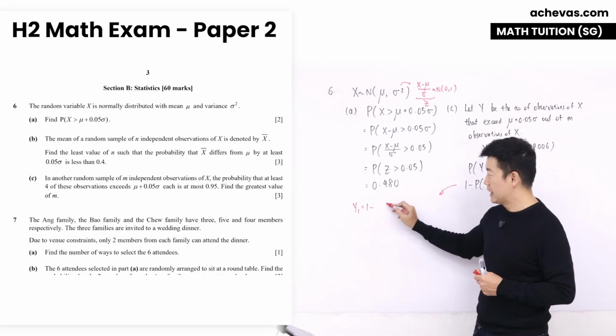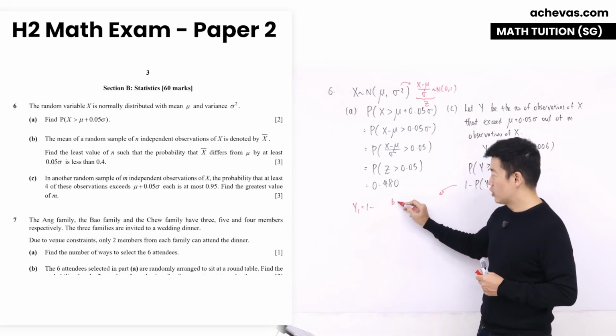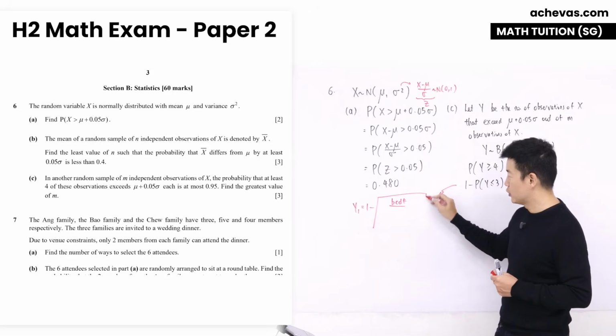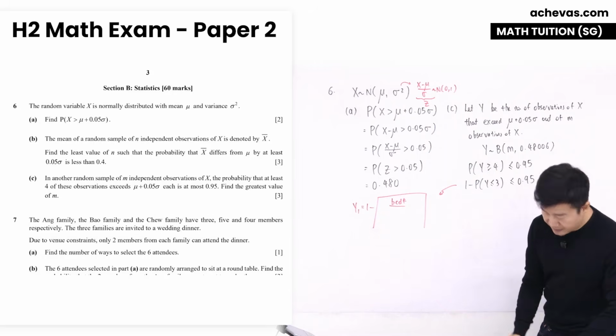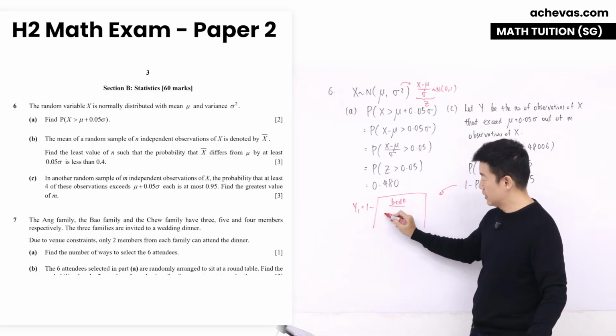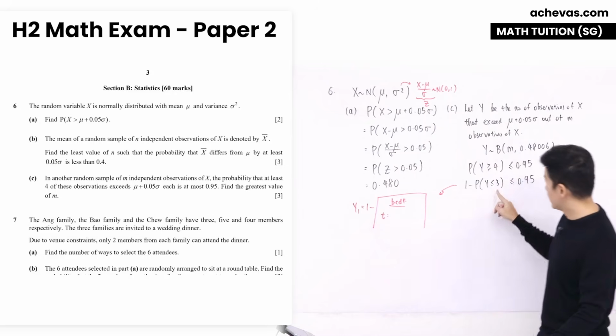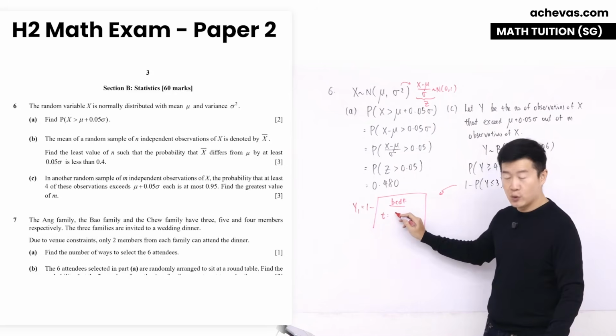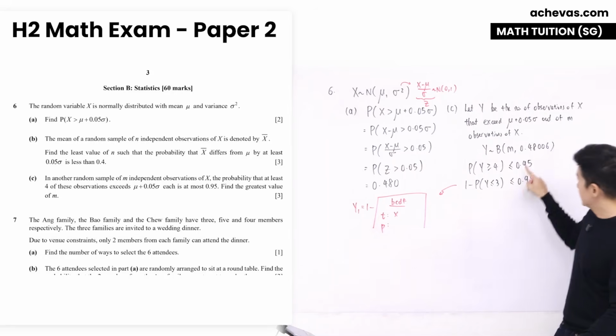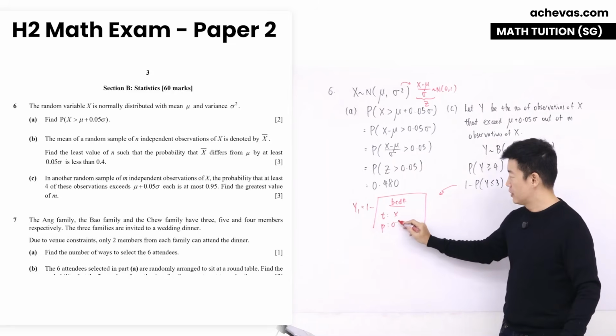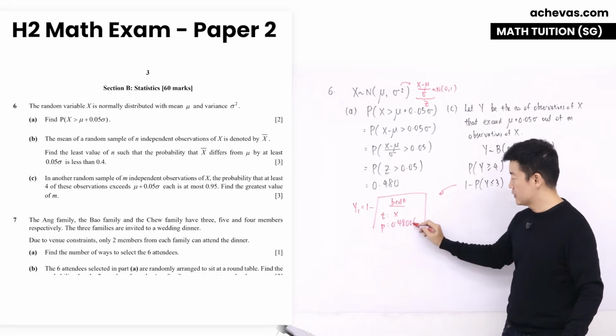So I'm going to press this into y1. It will be 1 minus, and we are going to be using binomial CDF. They will be asking us for the number of trials. In our case, the number of trials is unknown, so we are going to put in an x. The probability of success is 0.48006.